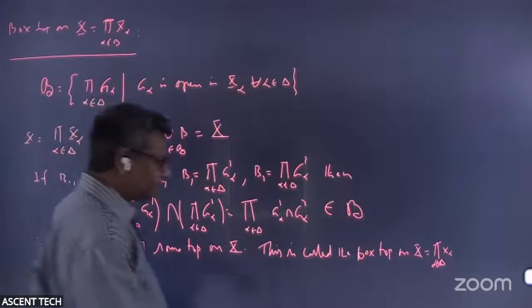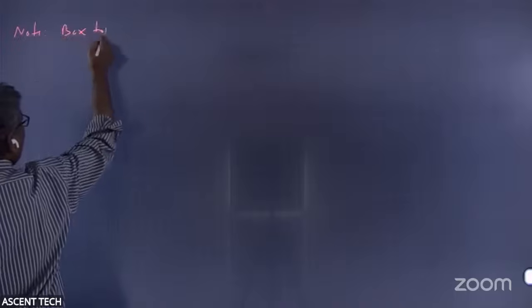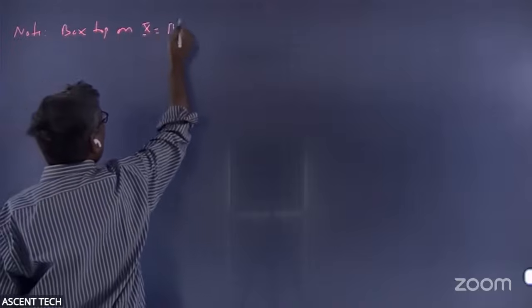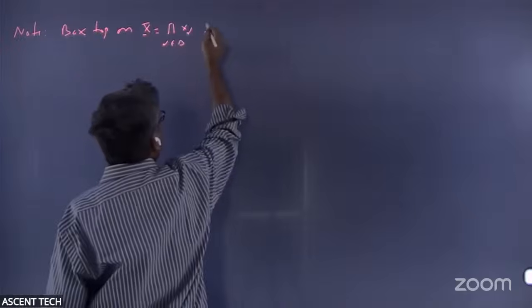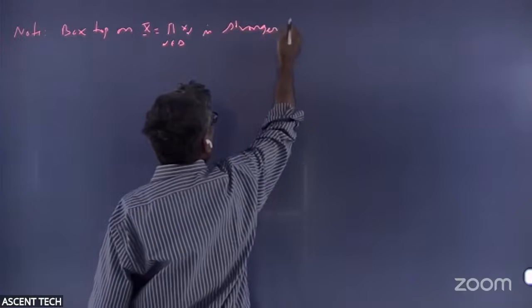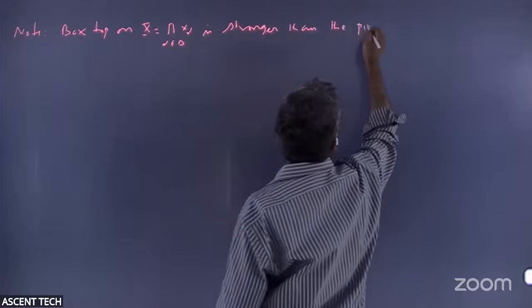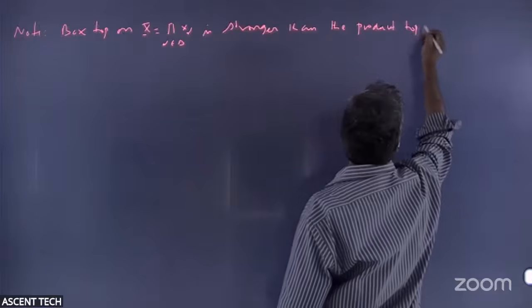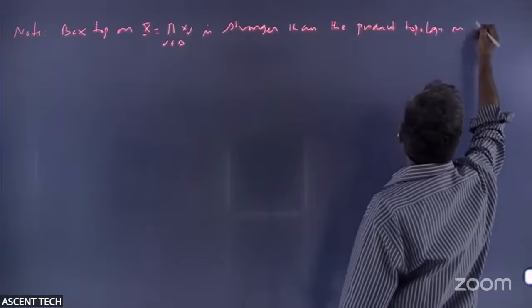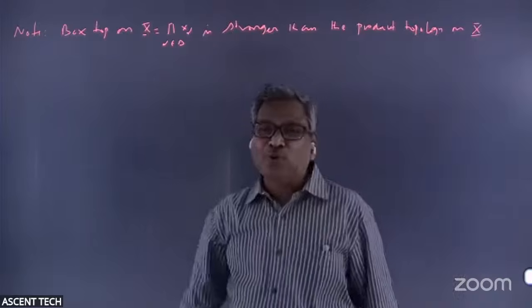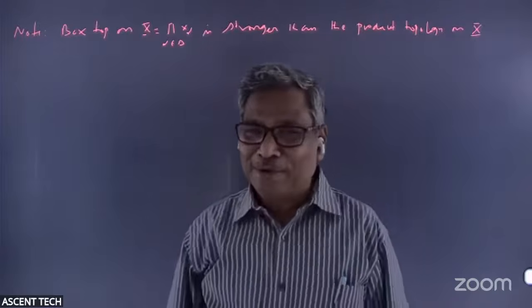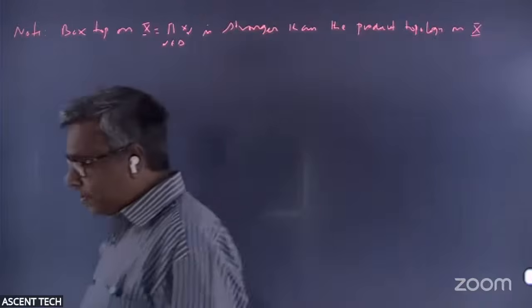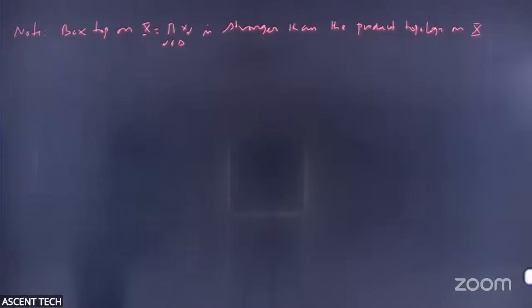So note, the box topology on X equal to product of X alpha, alpha in delta, is stronger than the product topology on X. Actually, this is too strong a topology, too strong for us to use it well, as I'm going to show you through some examples.